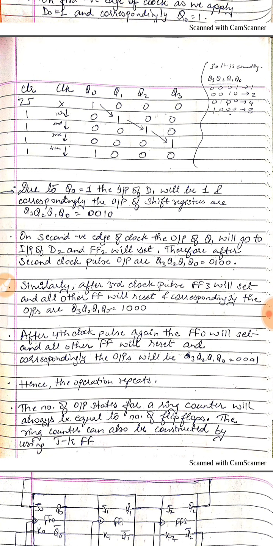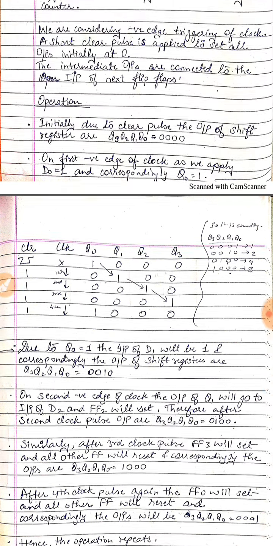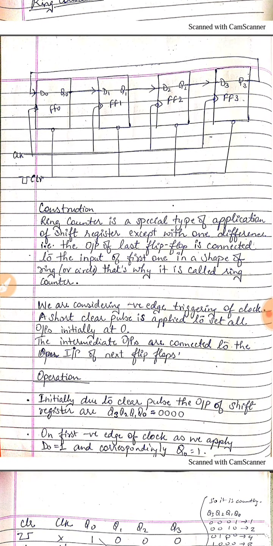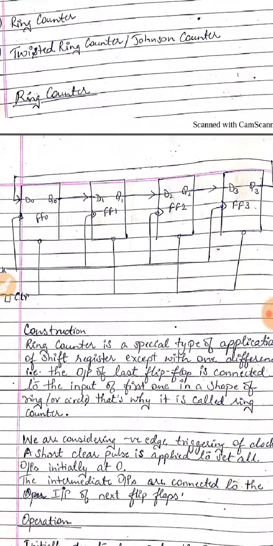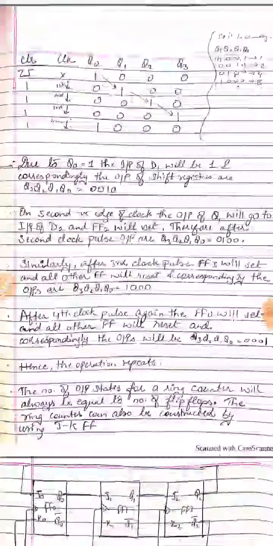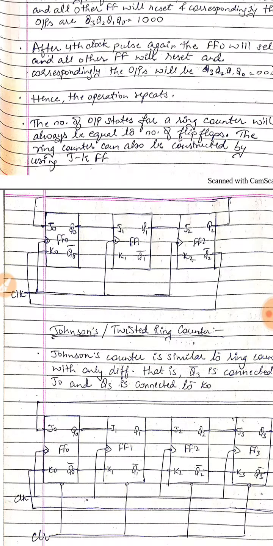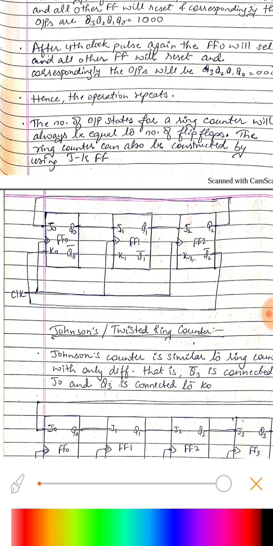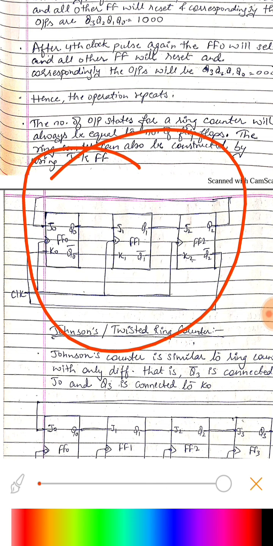So the ring counter can also be constructed by using a JK flip flop. As we have seen, it is constructed using D flip flop, so we can also construct it using the JK flip flop, and this is how it will look like. The output of the last flip flop Q2 is fed to the input of the first flip flop.